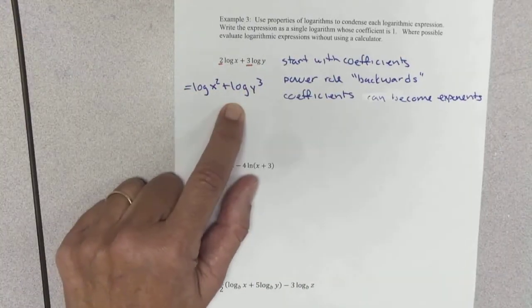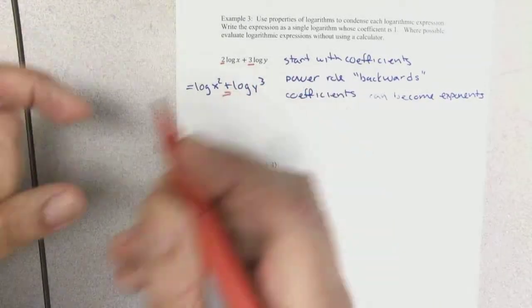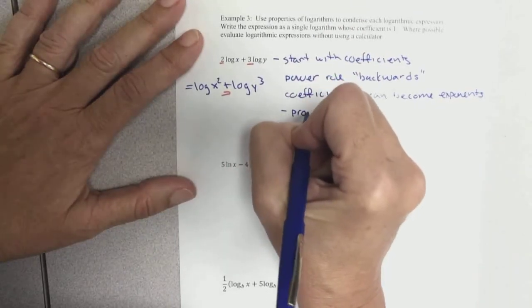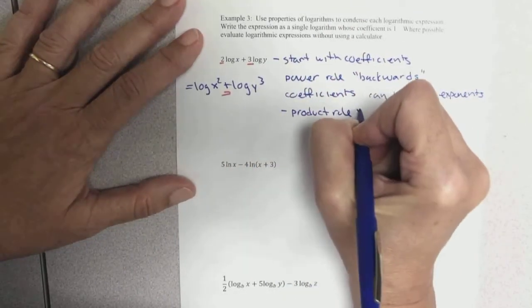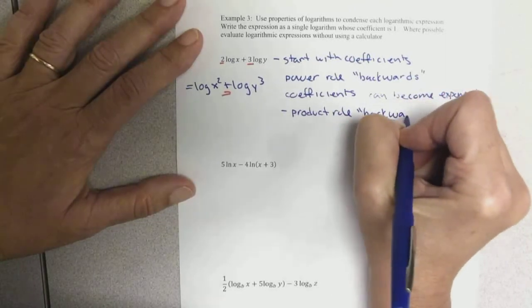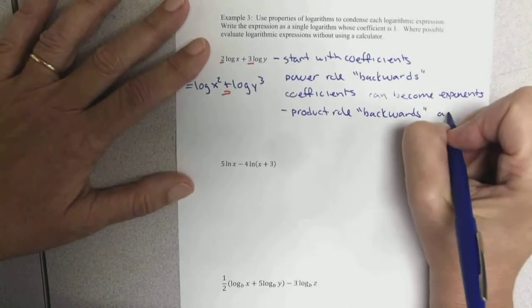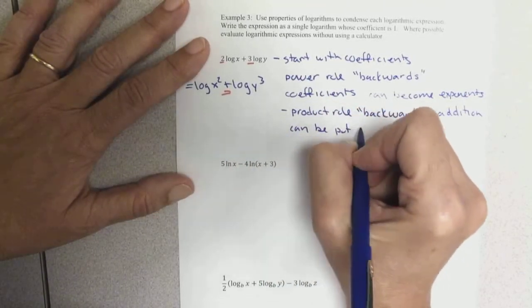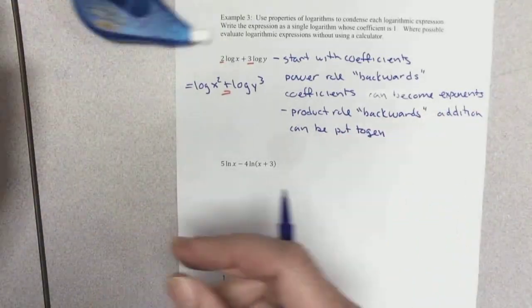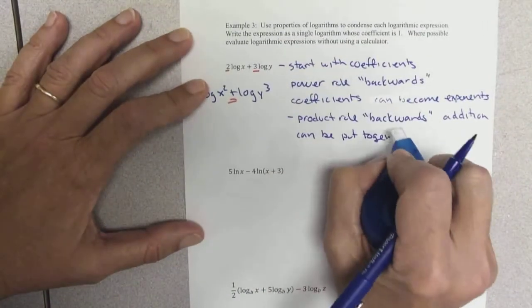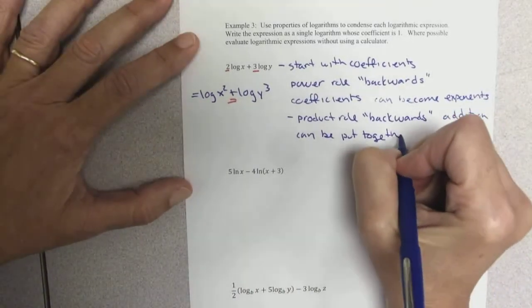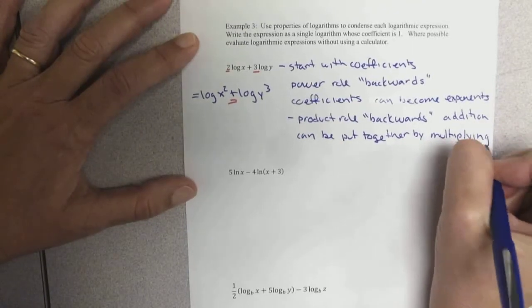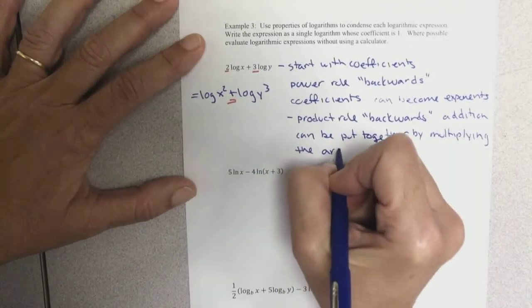Now I have addition. So here, product rule backwards: addition can be put together by multiplying the arguments.